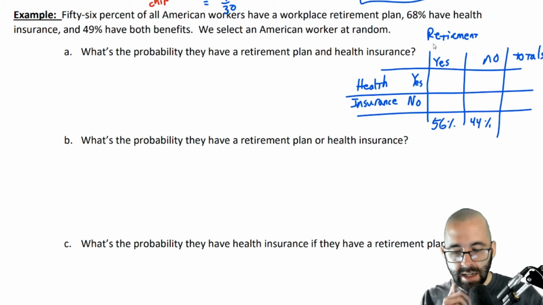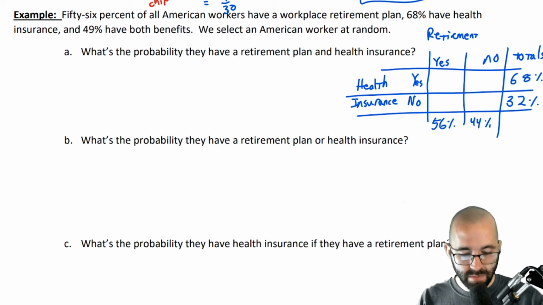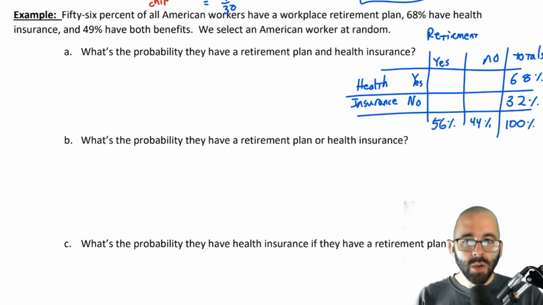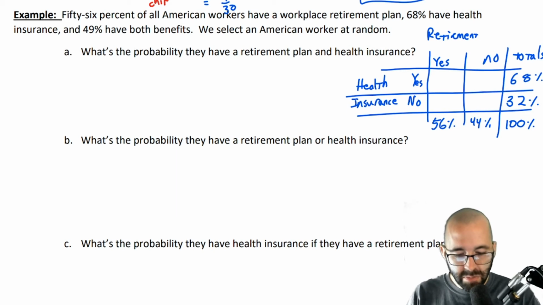Okay, and similarly, 68% have health insurance, which means that 32% have health insurance of no. Add up everything, you should get 100%. We're also told that 49% have both benefits.